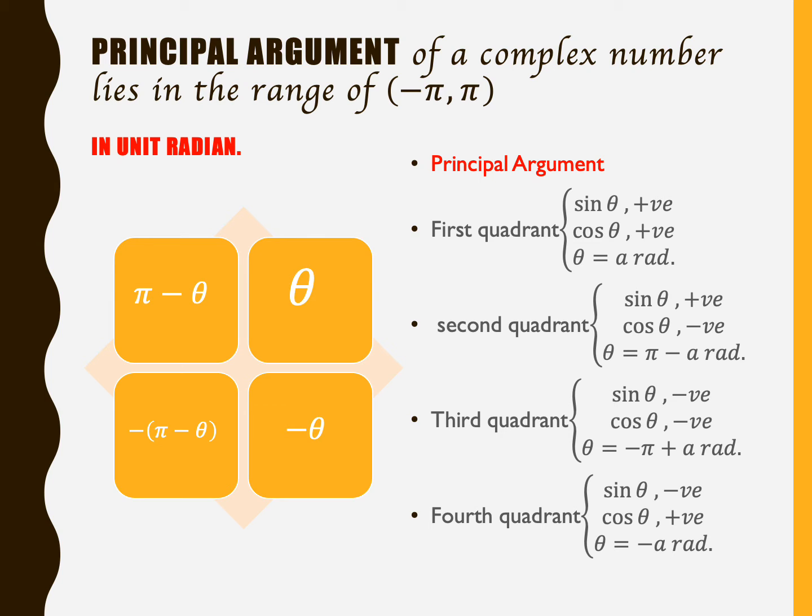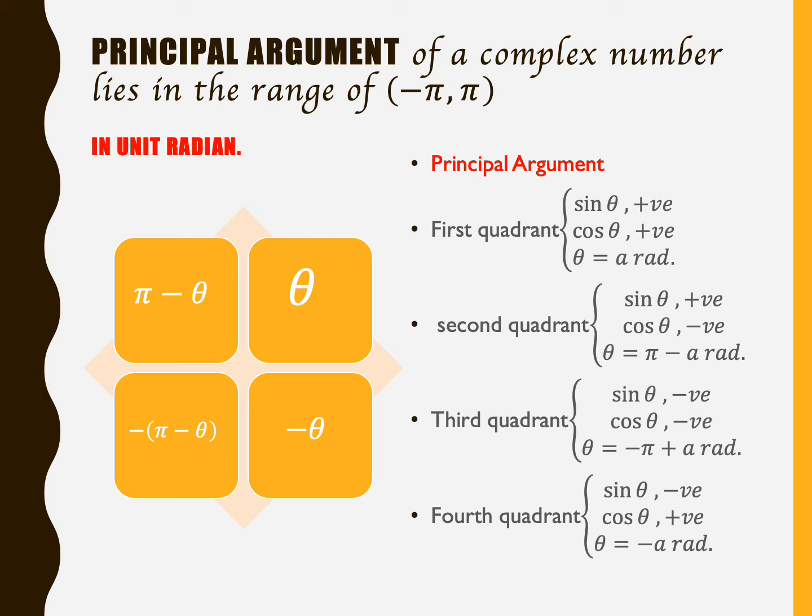We can see very clearly in the diagram: at the first quadrant there's theta. In the second quadrant we use the formula pi minus theta, in the third quadrant the principal argument is negative bracket pi minus theta, and in the fourth quadrant it is negative theta.